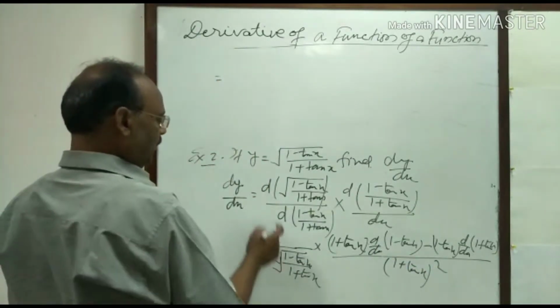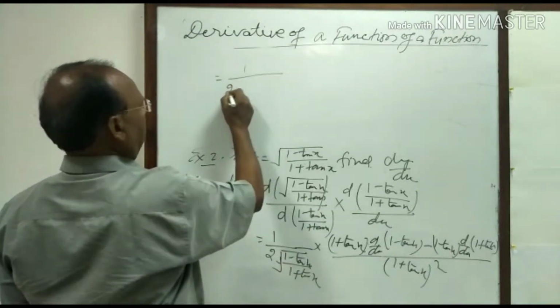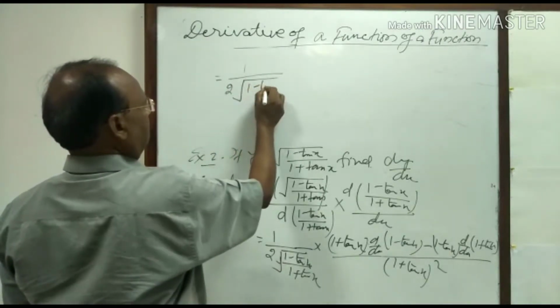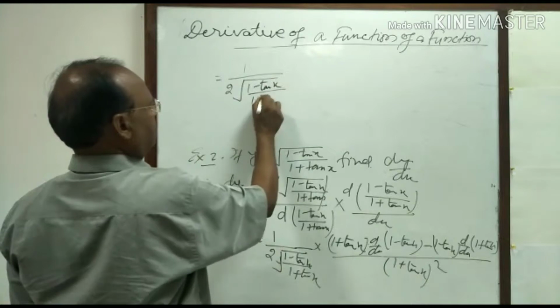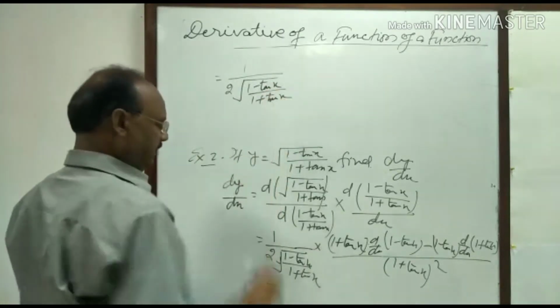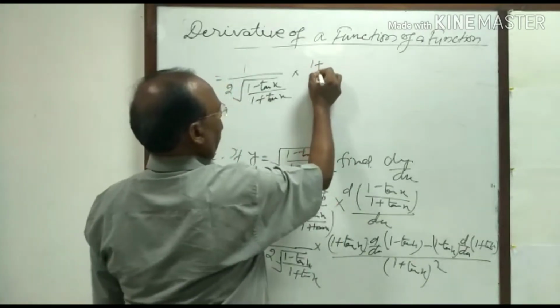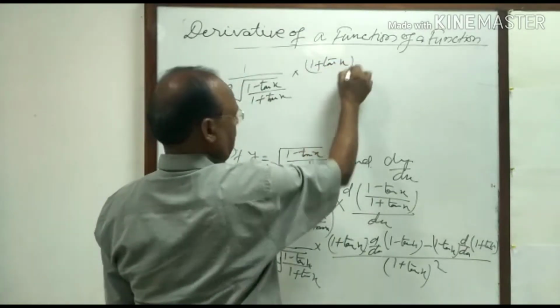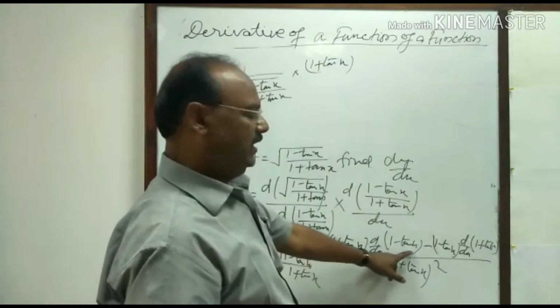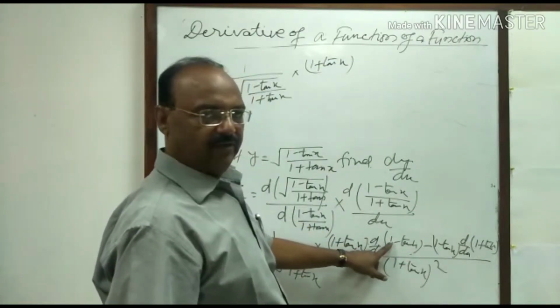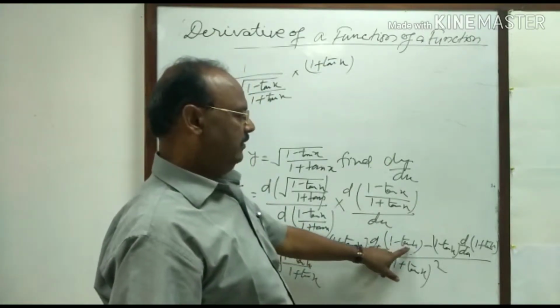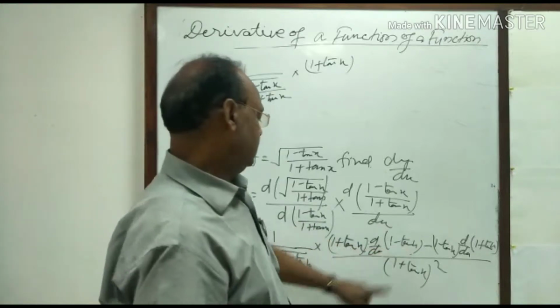So, this is 1 by 2 times root over (1 minus tan x) upon (1 plus tan x) into, this is (1 plus tan x), derivative of (1 minus tan x), this is derivative of 1 is 0 and derivative of tan x is sec square x.